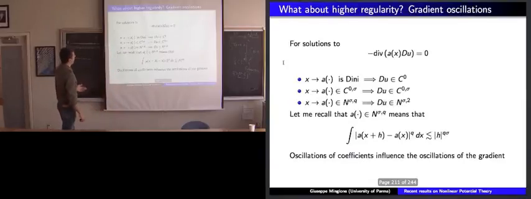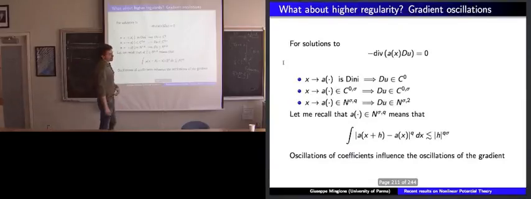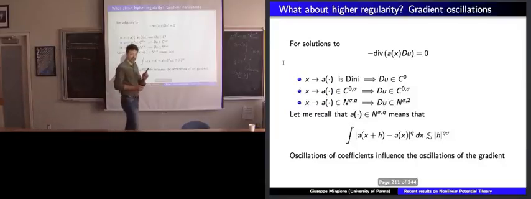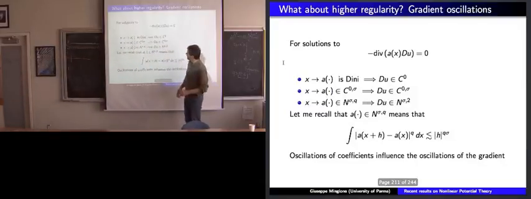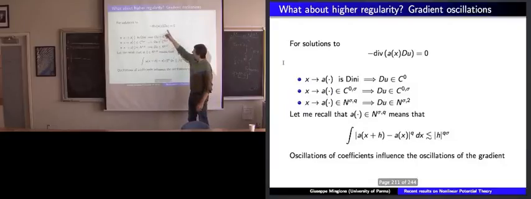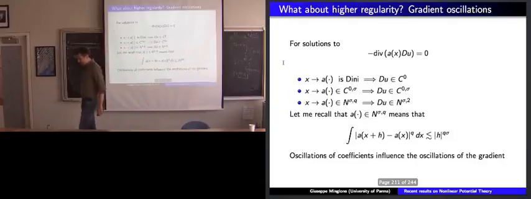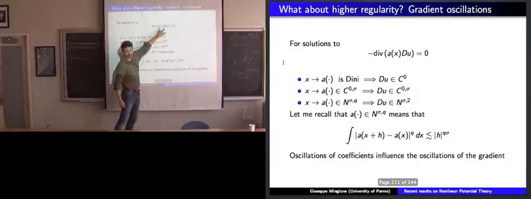Can you get more? The answer is no if coefficients are just measurable. In particular, this is how, in a pointwise setting, the oscillations of coefficients are linked to the oscillations of the solution. If you want to get a control of the oscillations of the gradient, then you have to get a control of the oscillations of the coefficients, because the two things are linked at this stage.